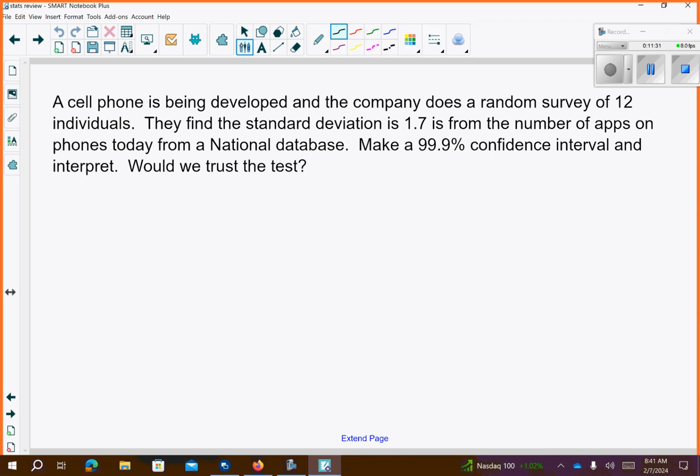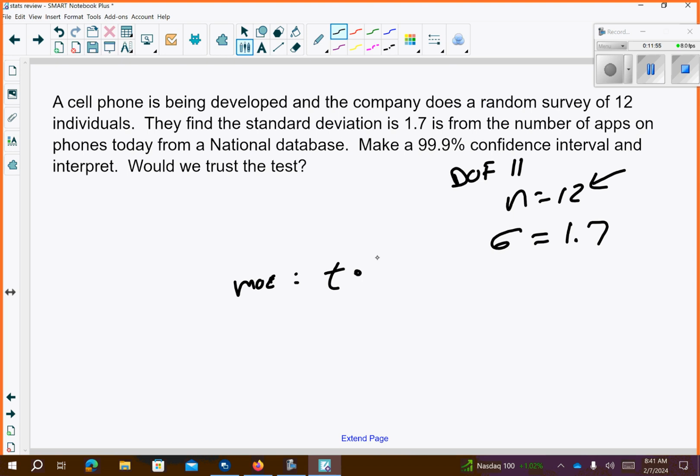Okay, so we have a sample of 12. We have a standard deviation of 1.7 from the national database. This is still going to be used the same way, but this is a t-distribution, so my degrees of freedom is going to be 11. My margin of error is t times standard deviation over root n.